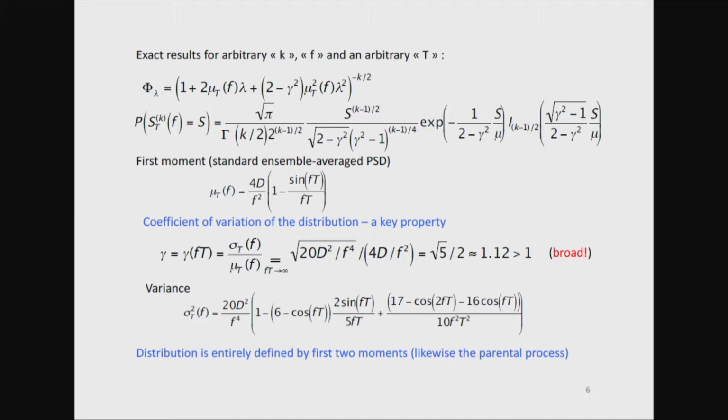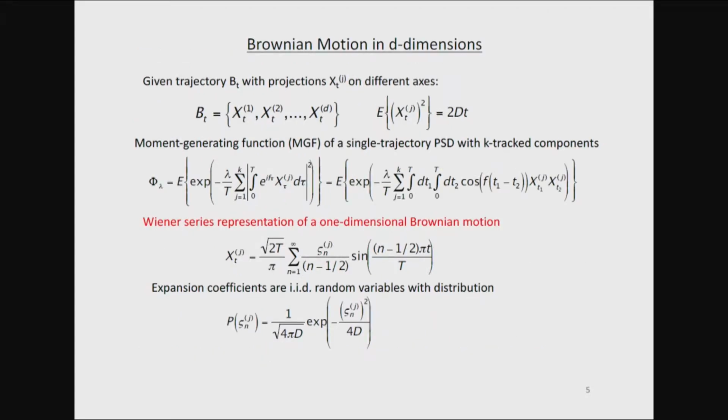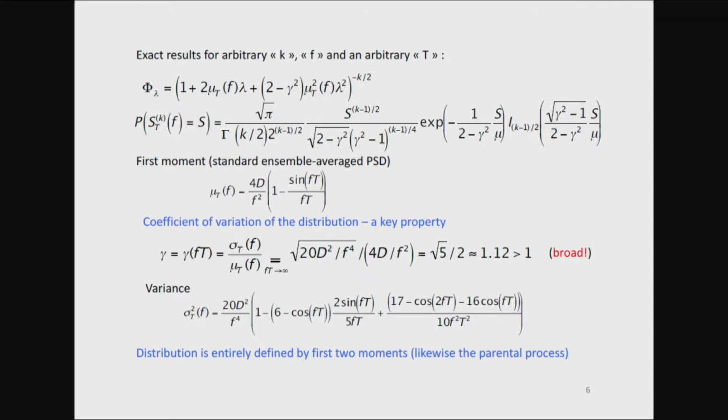Since we have components independent from each other, the number of components k enters just here, which is quite natural. And here we have a quadratic polynomial in lambda. Lambda is what stands here, the Laplace parameter. Before the linear term we have mu.